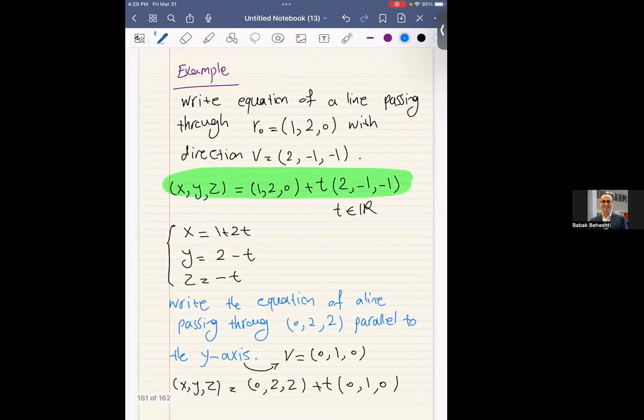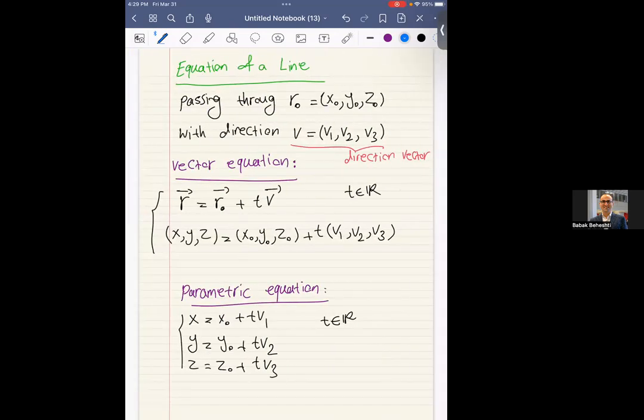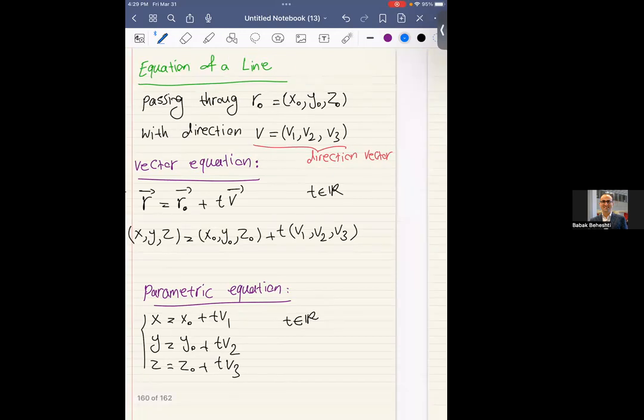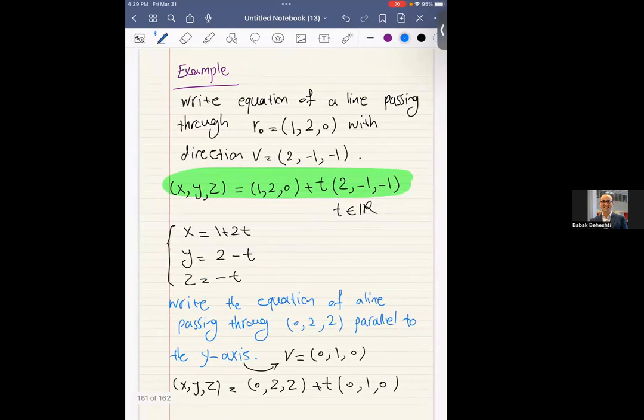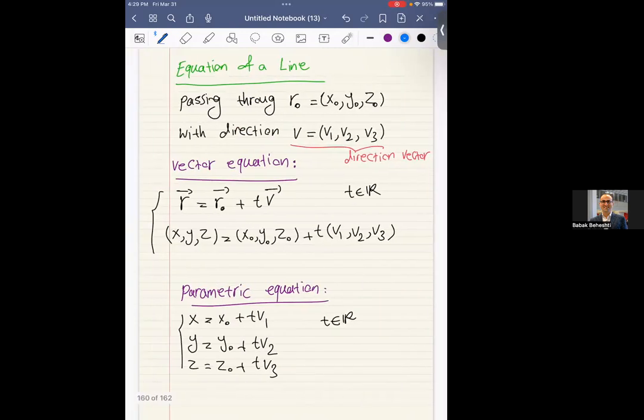By the way, here I wrote the equation of a line in 3 dimensions. We can also formulate the equation of a line in 2 dimensions. In 2 dimensions, everything is the same, except that you have only 2 components, x and y. We don't have z.